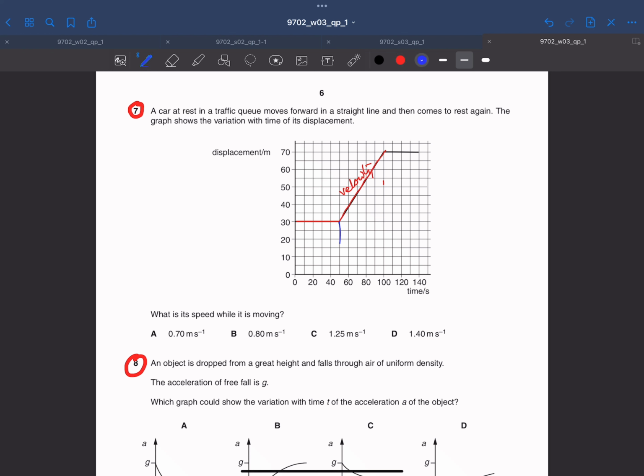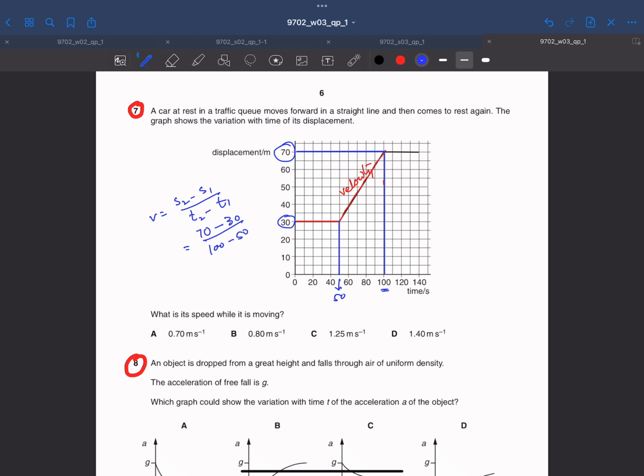So if we are considering this line, from this point to the corresponding point on the y-axis, we can get those values. Here you have 70 and 30. So the distance and the time will give you the speed. So v is equal to s2 minus s1 divided by t2 minus t1. So s2 is 70 and s1 is 30, divided by time t2 is 100 and time t1 is 50.